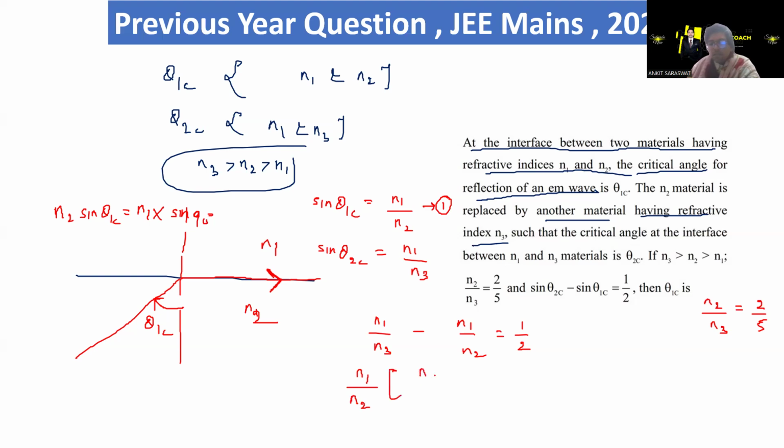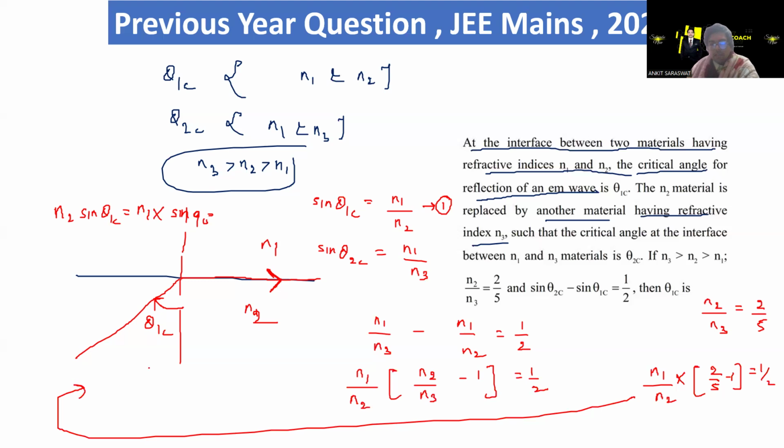So here it will be n2 by n3 minus 1. So what is this n2 by n3? It is 2 by 5, minus 1. That is half.